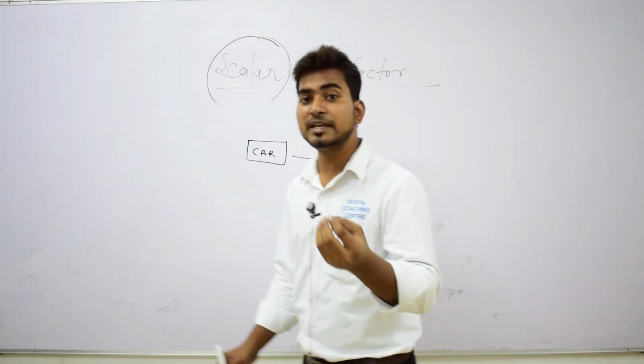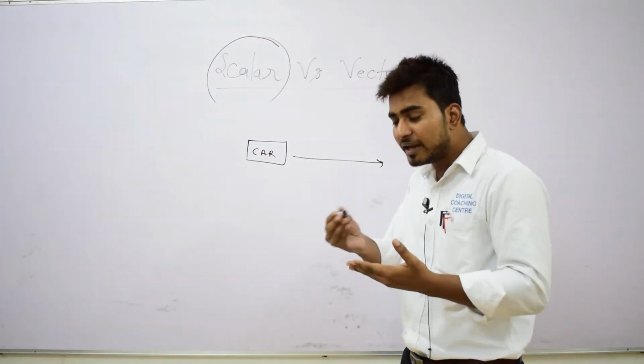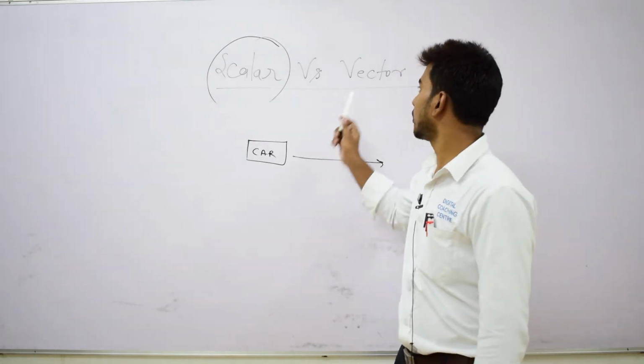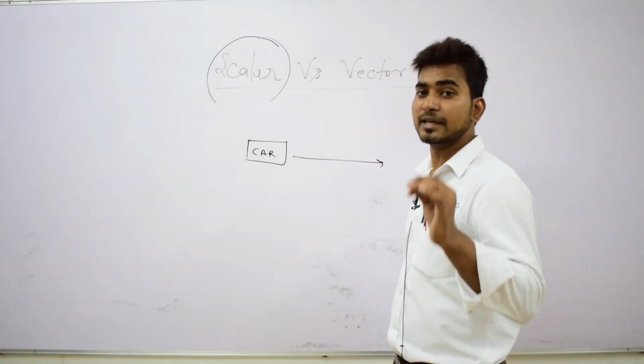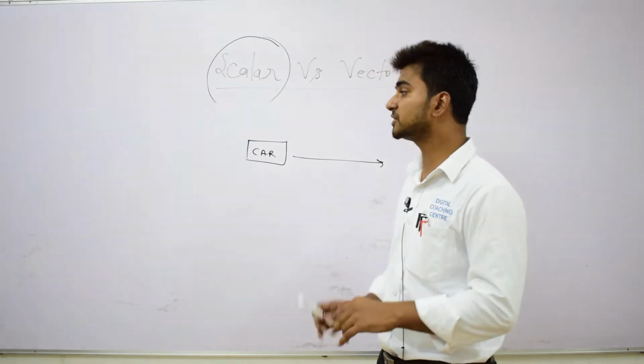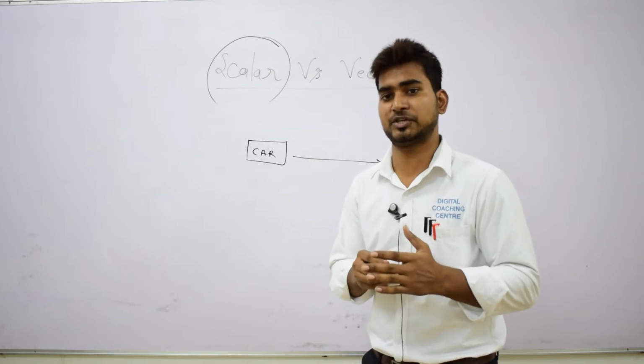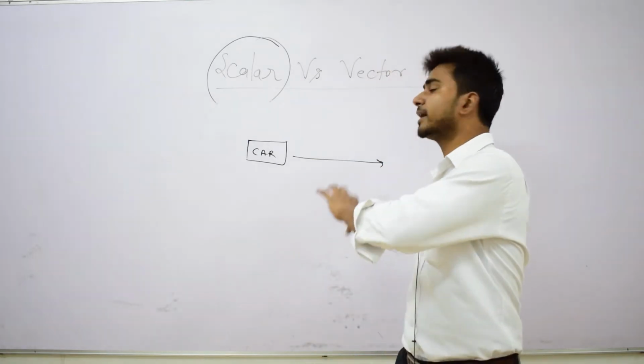So whenever there is a need for the direction of a physical quantity to explain it completely, that physical quantity is called a vector quantity. A vector quantity has two terms: one is magnitude and the second is a particular direction. Without direction it cannot be completely explained.